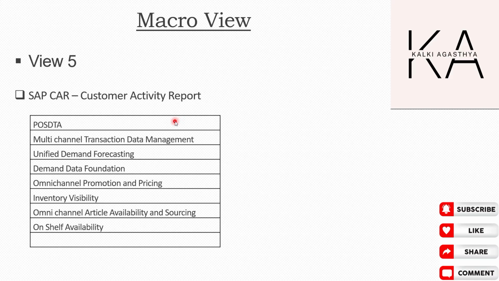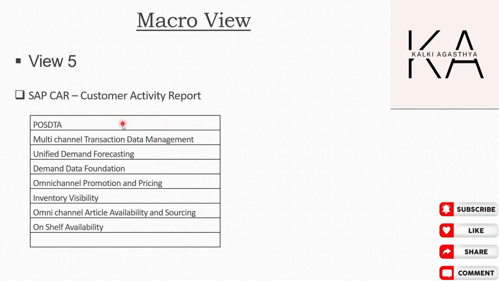So here are some of the list of components or standard features which SAP provides us, which are POSDTA, multi-channel transaction data management, unified demand forecasting, which is called UDF, DDF, which is called Demand Data Foundation, omni-channel pricing and promotion, OPP, inventory visibility, omni-channel article availability and sourcing, OAA, and on-shelf availability, OSA. So these are the important inbuilt features or functionalities which SAP CAR provides us, right? So let's start understanding each of these in crisp at macro level.